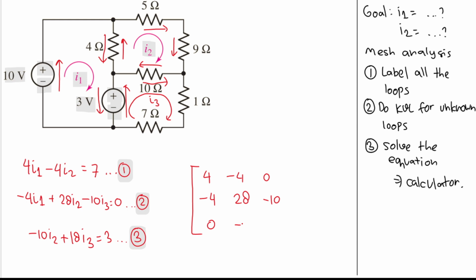And then we will have minus 10 and then 18. So we will have this multiplied by, this is I1, and this is I2, and this is I3. Good. And that will equal to, this one will be 7, and then 0, and then 3.